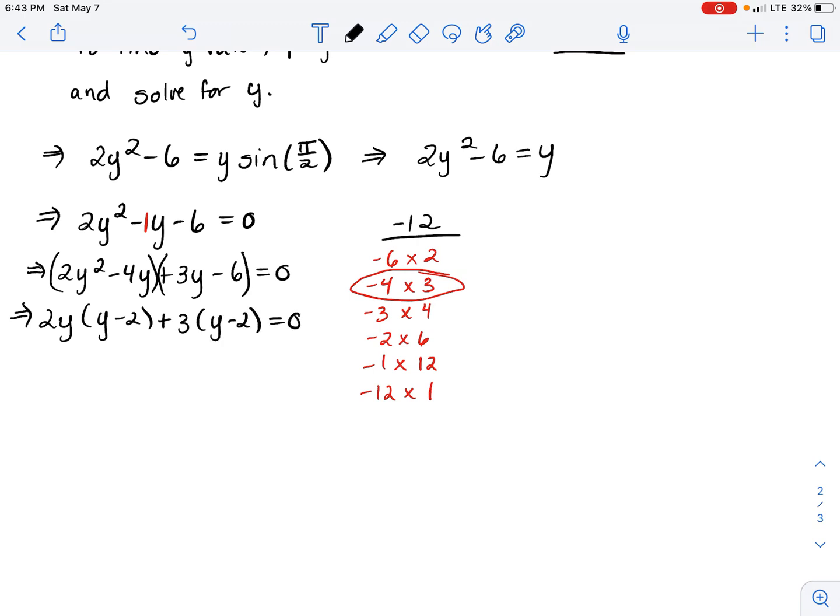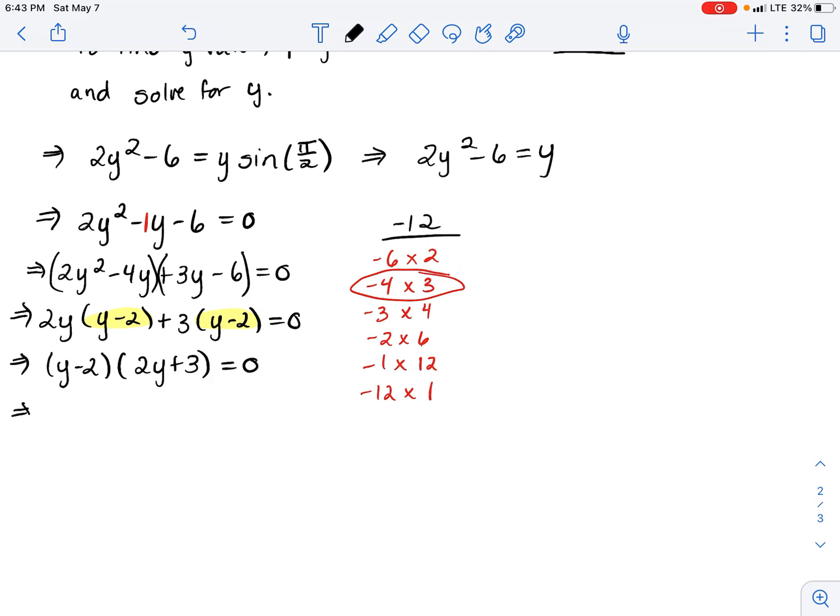So factor out the GCF between each set of parentheses. The second set, the GCF was 3, so that's why I factored out a positive 3, so that's why it became plus 3. Now I need to factor out the GCF between these two terms, which is y minus 2. So I factor out y minus 2 times 2y plus 3 equals 0.